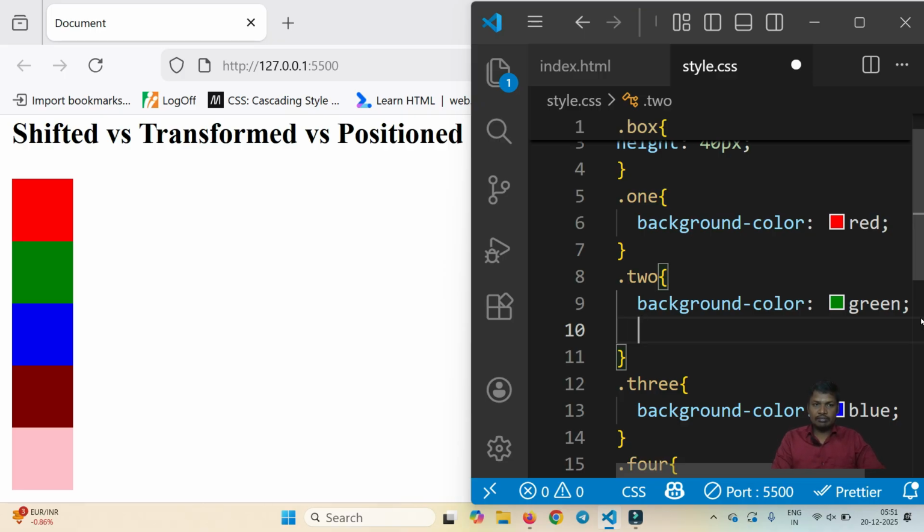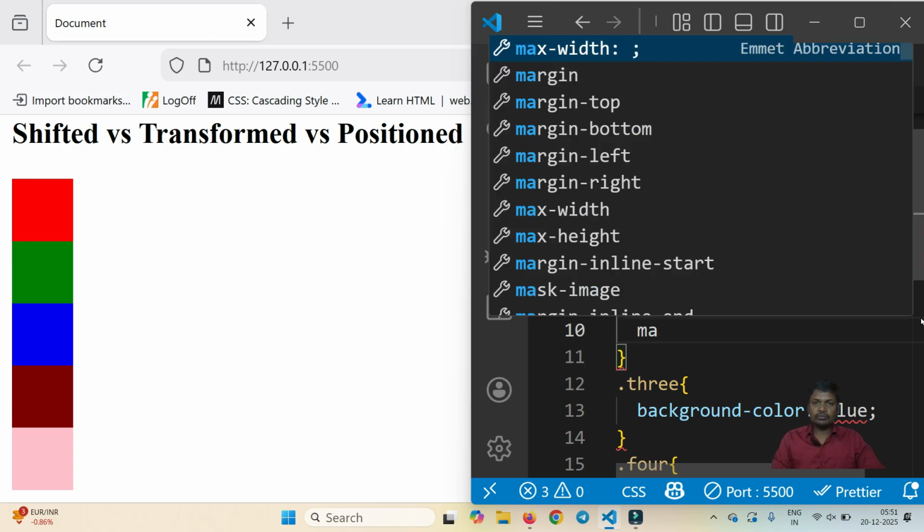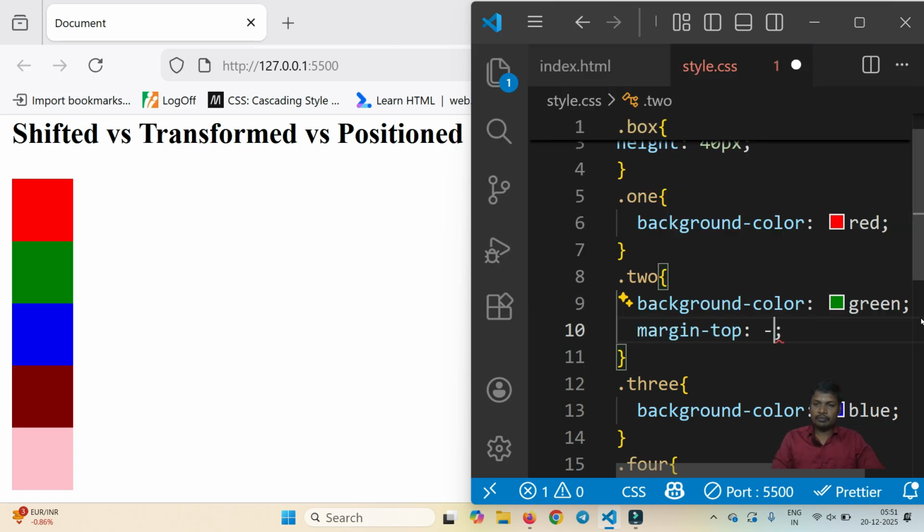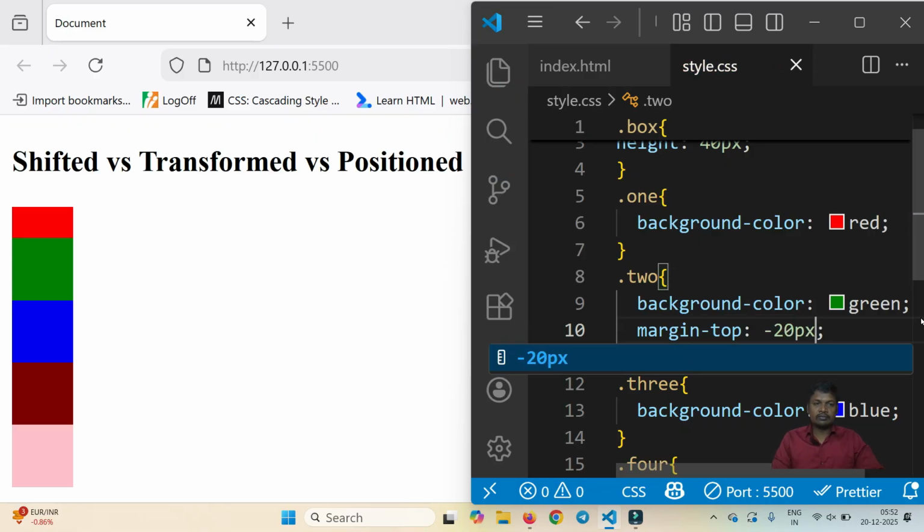Okay. For the green element, we give margin top a negative value, 20 pixels. Now look at the screen. The green element shifted 20 pixels upward, and it is now overlapping the red element.